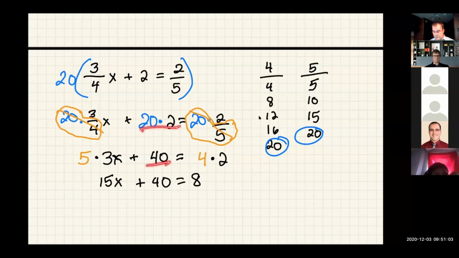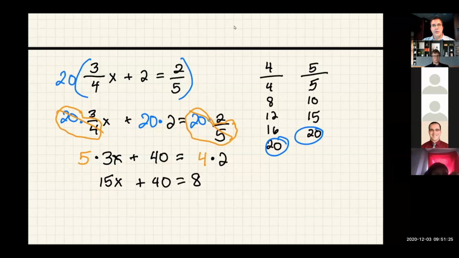And then this produced the 40. I did the same kind of thing here: 20 divided by 5 is where this 4 came from, but I couldn't forget that I still had a 2 left there. Then I multiplied this to get 15, multiplied this to get 8. Now it's a basic two-step equation. Just a quick reminder of what we've learned.